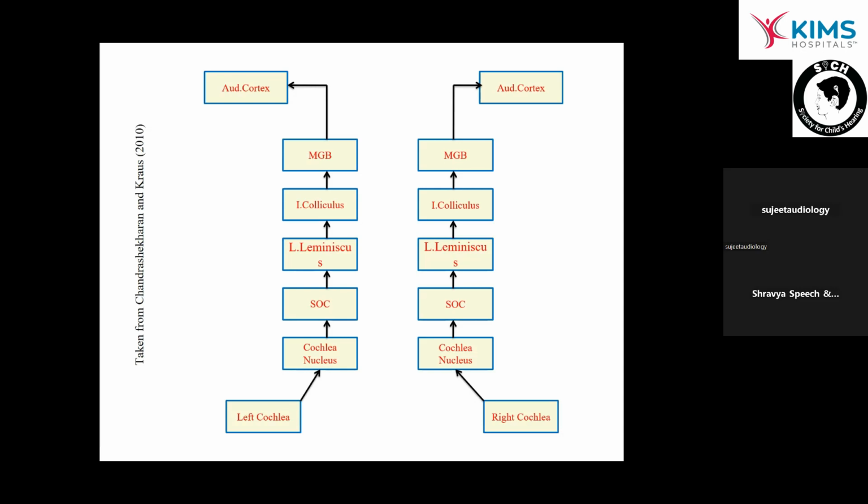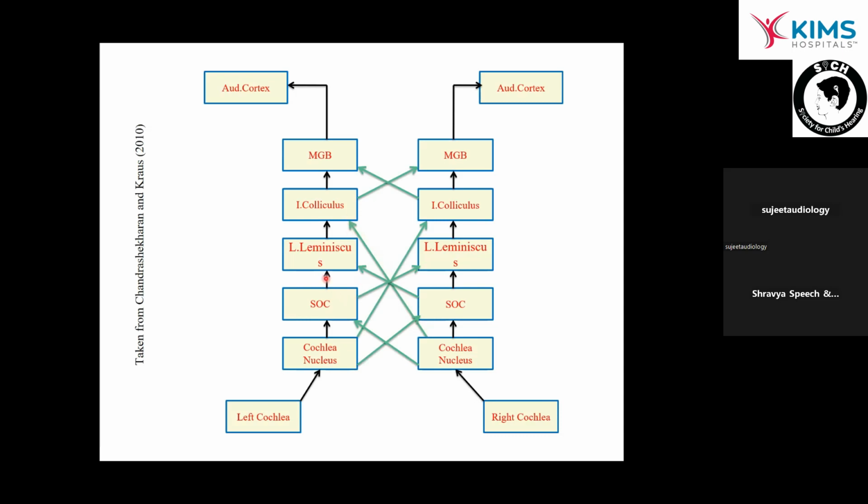Now this is the easiest pathway which you have learned, but when you look at the entire auditory pathway, these are the afferent connections. The right cochlear nucleus is connected to the SOC via ipsilateral pathways, and also contralateral pathways. The cochlear nucleus is also giving input to the inferior colliculus.